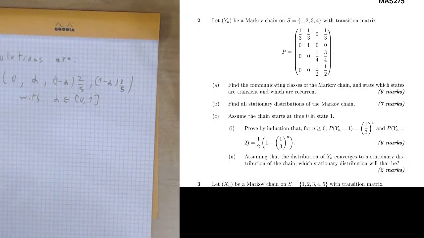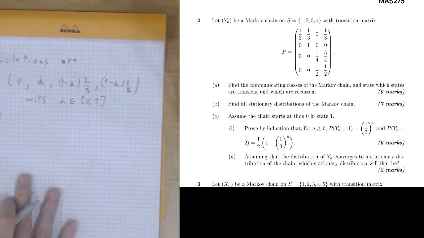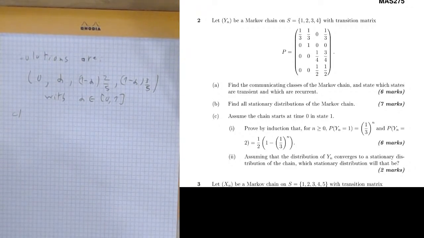The next question, something we haven't done together. So good practice. Maybe that was in the earlier classes. Prove by induction formulas for the distribution, well, for the probability of being 1, for the probability of being 2.